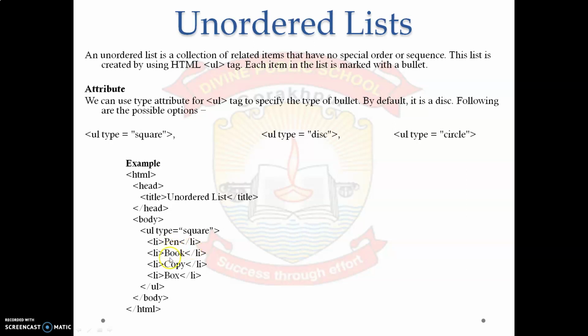Here pen, book, copy and box are within li tags. After that, when the list is completed, we have to close the ul tag. What is the output of this code? This will display pen, book, copy, box, and in front of this you see that a square box is there.